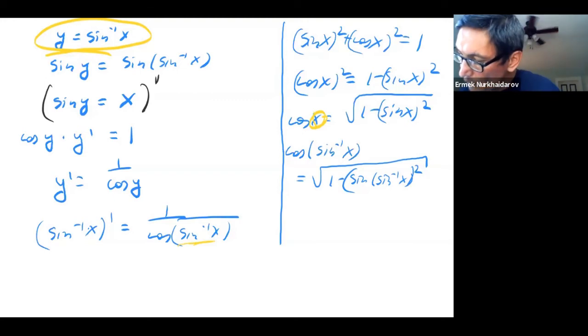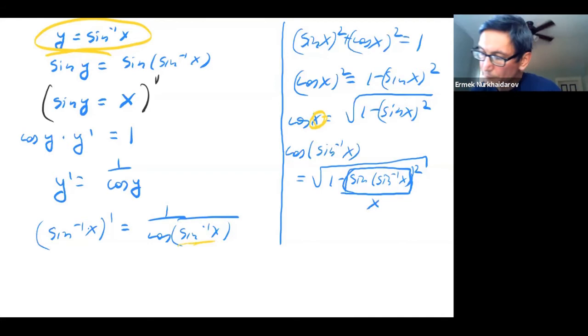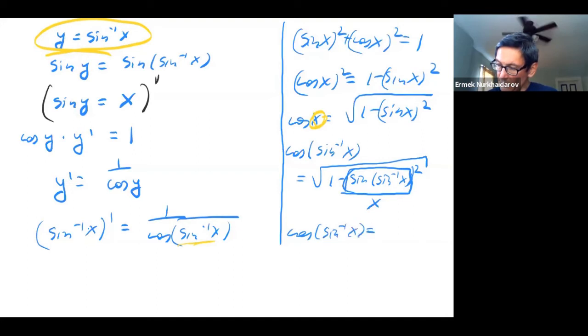That becomes just x. So finally we have cosine of sine inverse of x equals the square root of 1 minus x squared. And that expression is going to be substituted here.